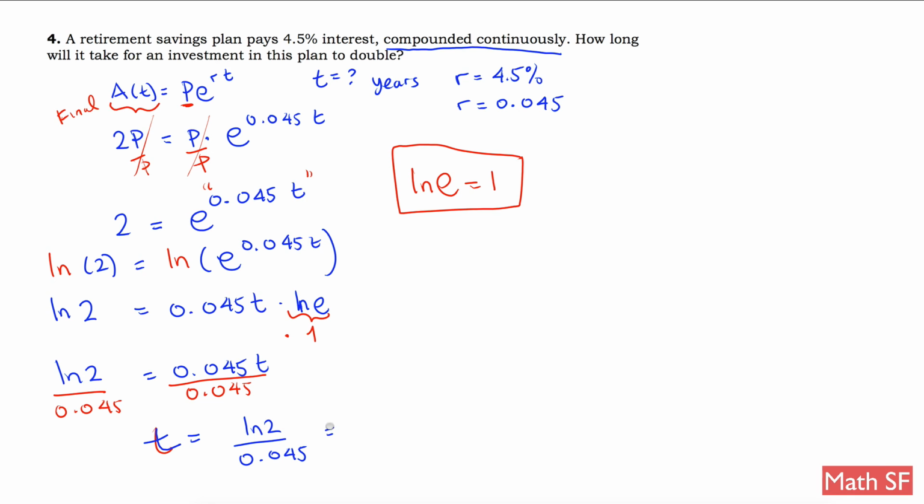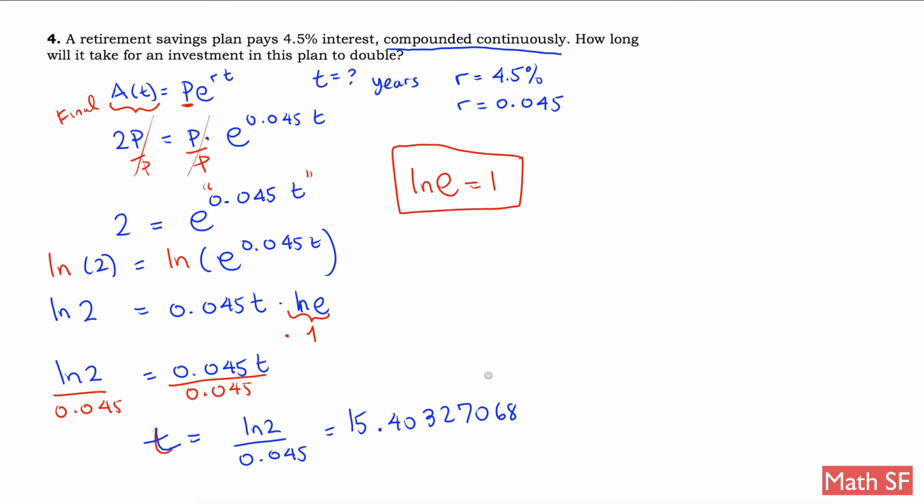Let me use my calculator and see what number that is. Probably we should round it to 2 decimal places, but let's see what we get there. ln of 2 divided by 0.045, and the calculator throws me all of these digits: 15.403277068.